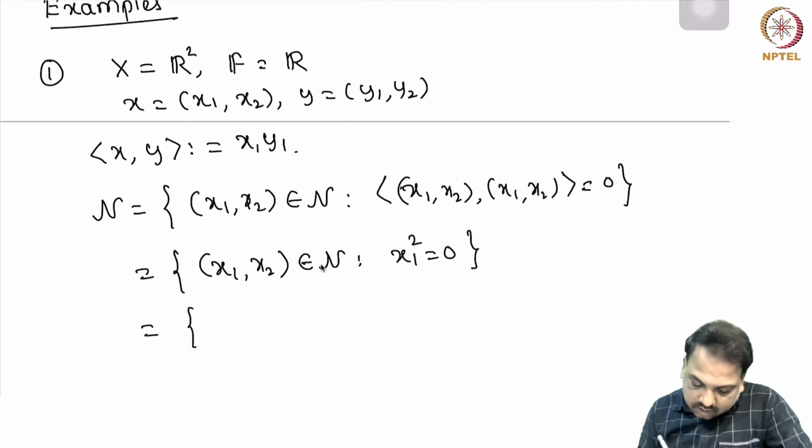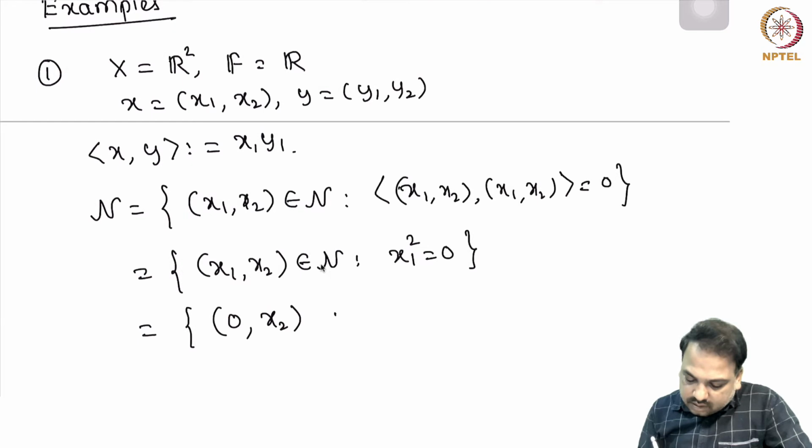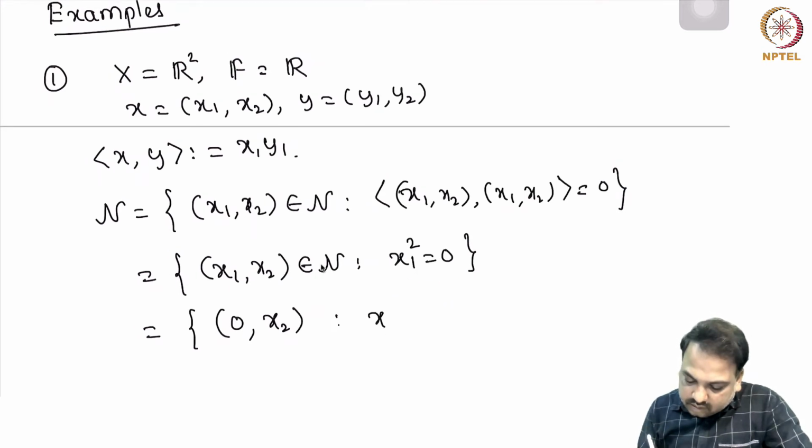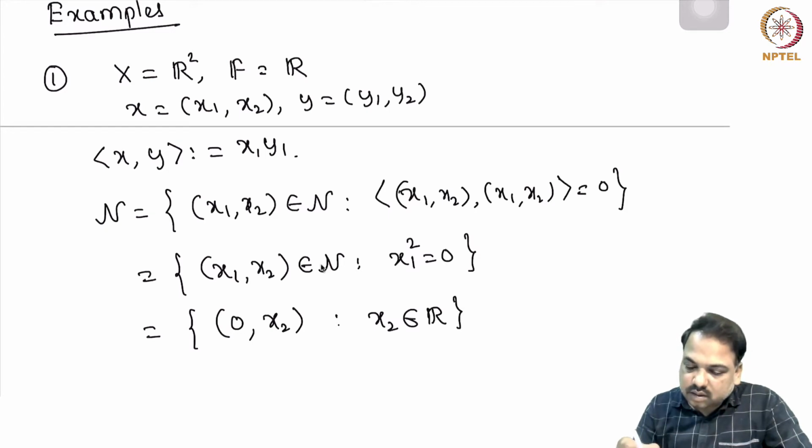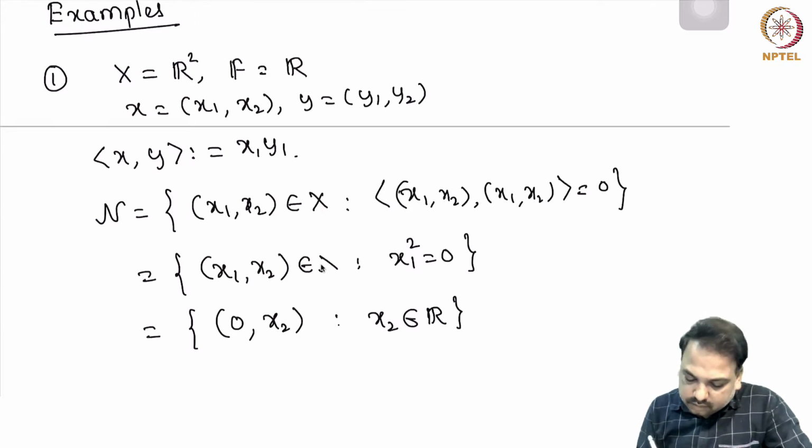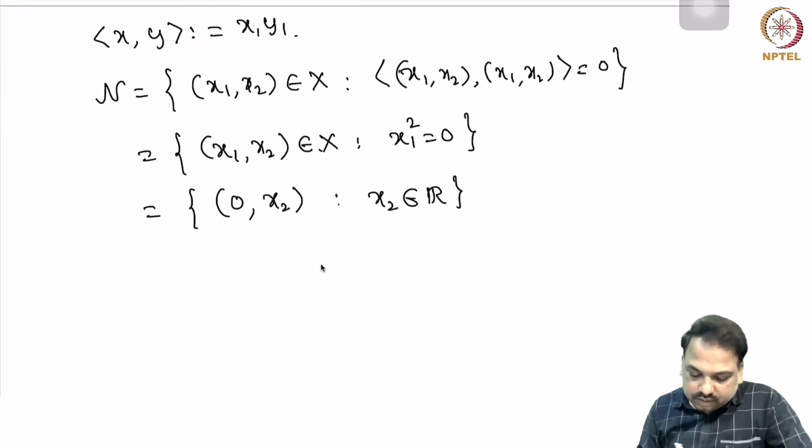So this is nothing but (0, x2) such that x2 is coming from R. Here this is x, so this is nothing but the y-axis.